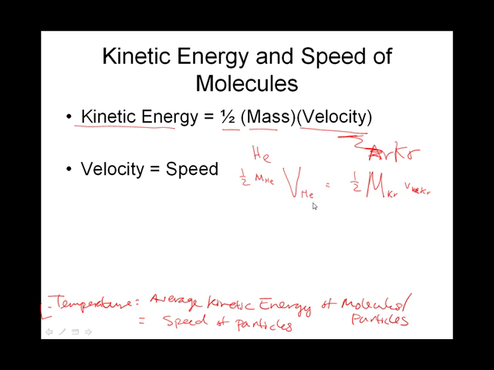So it's an inverse relationship between the mass and the velocity. But as you can see, if I have both the helium and the krypton at 25 degrees Celsius, they can still have the same kinetic energy as long as the smaller particle is moving faster than the heavier molecule.